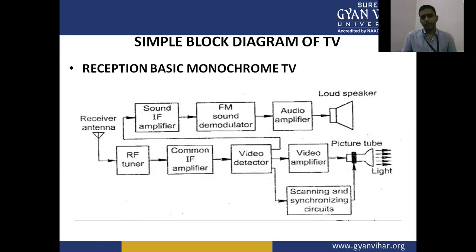The video detector divides the signal into the audio signal and the video signal. The audio signal is given to the sound intermediate frequency amplifier, and then we have the FM sound demodulator, which demodulates the sound signal into the electrical sound signal.